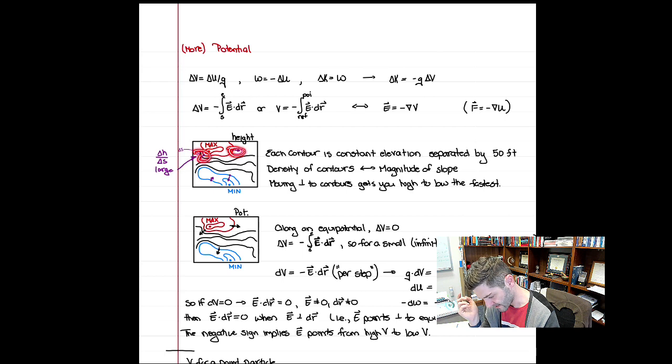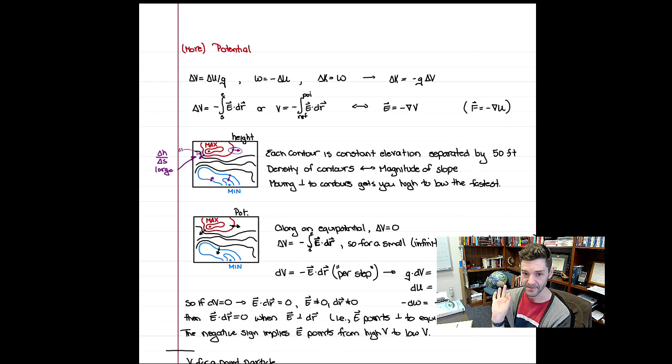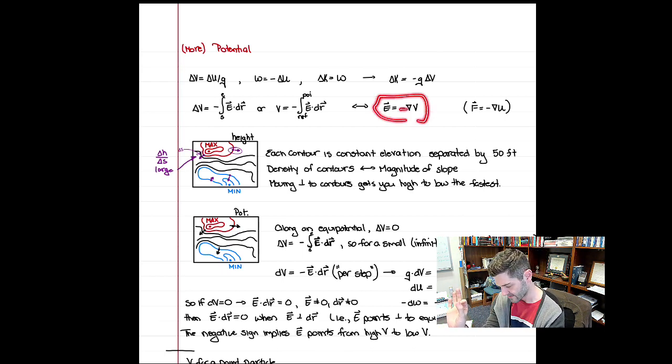These arrows here where we're talking about steepest descent: the gradient, as you work out in a Calc 3 course, is a vector whose magnitude and direction point in the direction of steepest ascent. So again, for the electric field, if you throw a negative sign in front of the gradient, then it points in the direction of steepest descent.